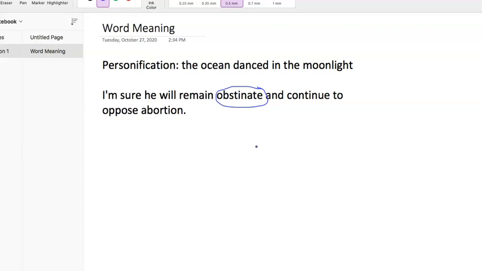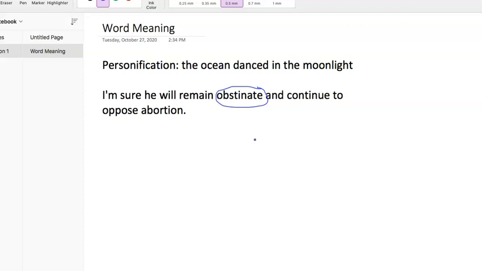So based on the writer, there's two possibilities here at first. One is that he's just being stubborn, and that the writer thinks that anybody who is opposing abortion is being stubborn. So that would be one answer choice, some word that's something like stubborn.